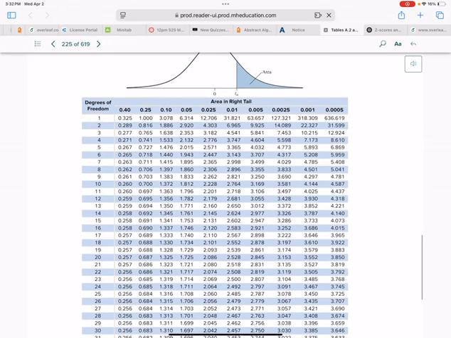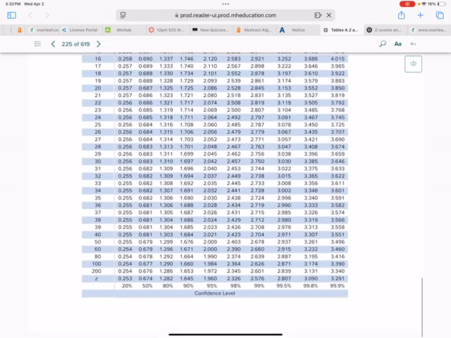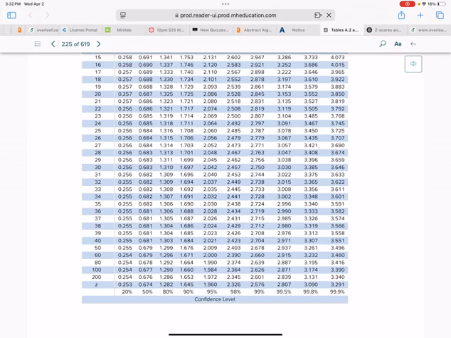So n equaled 44. Now, I don't see 44 degrees of freedom. So what we do is we round down to 40. Even if it were 49, still round down to 40. And then you just sort of keep going. Oh, look, we hit the 98% confidence level, right? You see that right here? Confidence level 98. And for 40, it's 2.423.